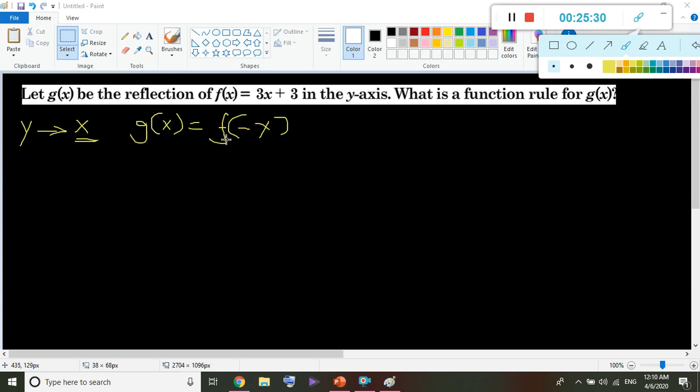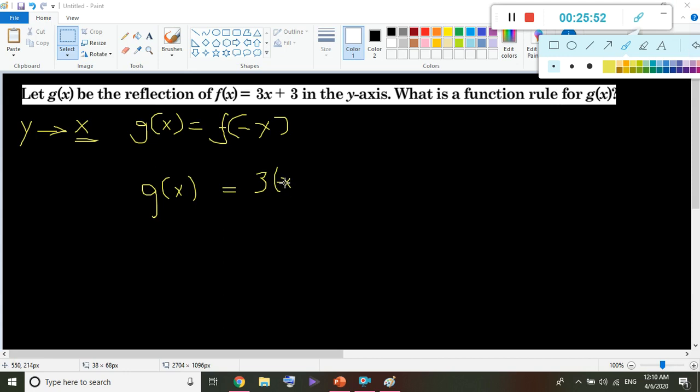Okay, now from this we're going to change the whole function. So for g of x, we're going to substitute x here as negative x. So it's going to be 3 times negative x, oh, what's wrong here?